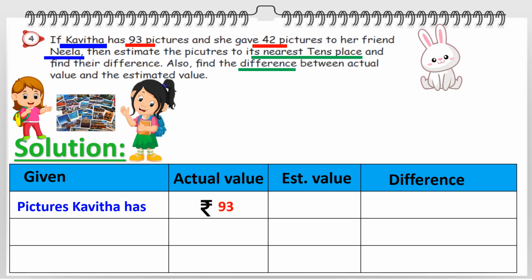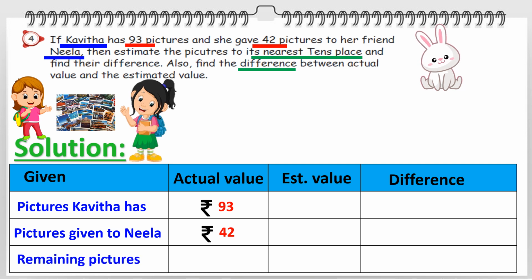Then how many pictures? 93, isn't it? Just you enter here. Then she gave 42 pictures to Neela. So pictures given to Neela. So 42, right? Okay, enter here. Then find the remaining picture or difference. Both are same. You have to find the difference, isn't it? Okay. So 93 minus 42, answer will be 51.